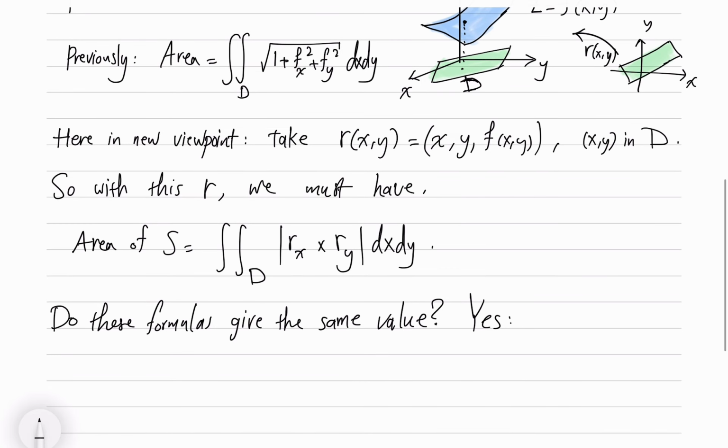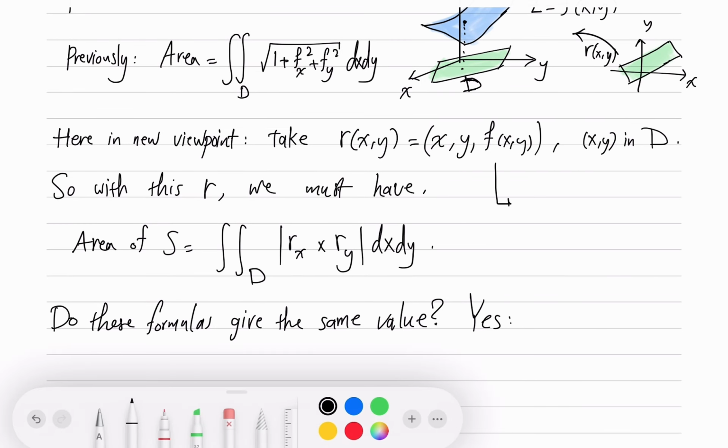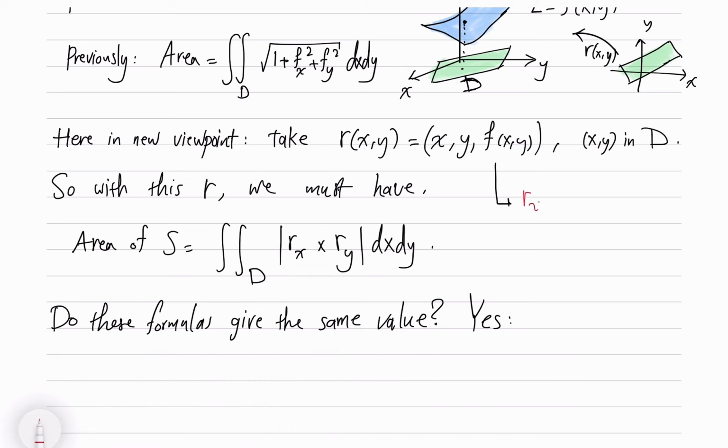Let's look at r_x. Let me calculate in red so that we know what's happening. So r_x, partials with respect to x. You just take partials of these coordinates one at a time. So this becomes (1, 0, f_x). r_y becomes (0, 1, f_y). If you cross product the two, I believe you get (minus f_x, minus f_y, 1).